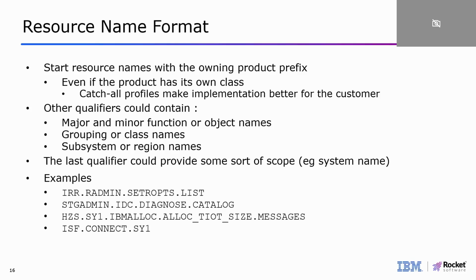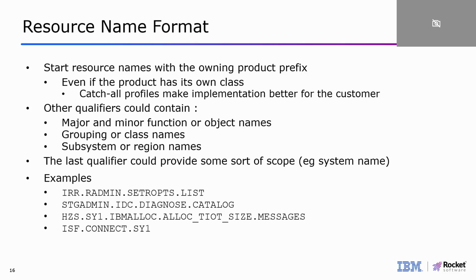And I always strongly recommend that all resource names start with your owning product prefix, even if you've got your own class. SDSF has its own class, right? And yes, I know I'm a hypocrite. We have resource profiles in the SDSF class that do not start with ISF, but that happened way before I was involved in the source code, and I don't have a TARDIS, so I can't go back and change it.